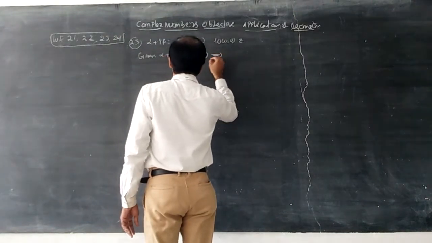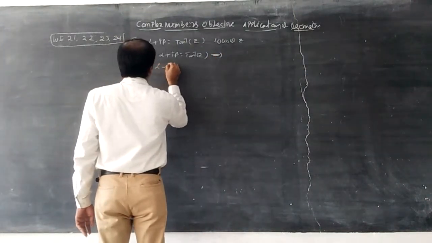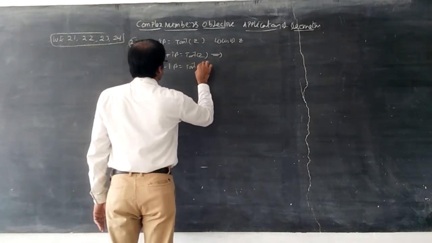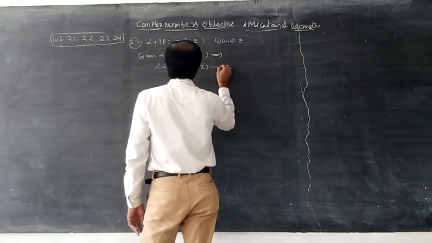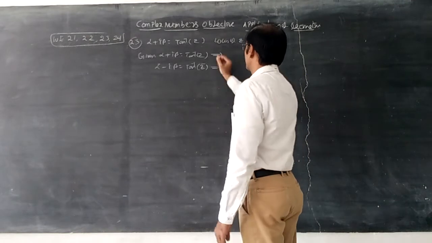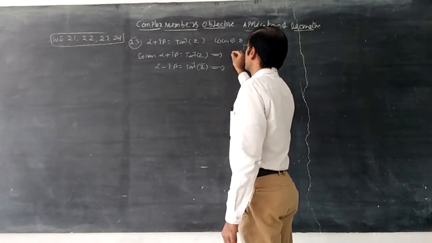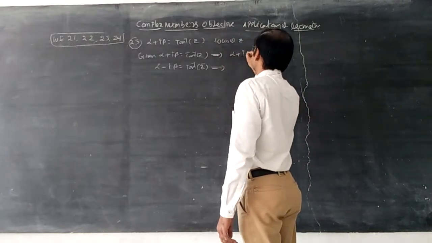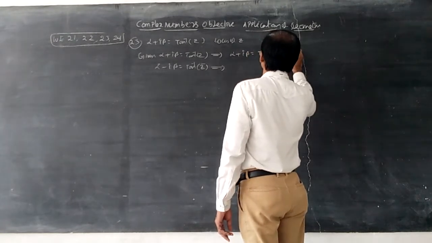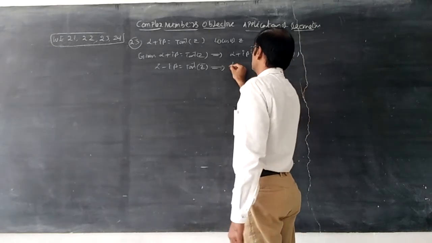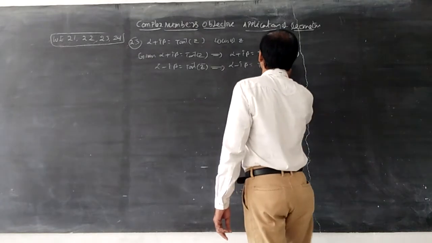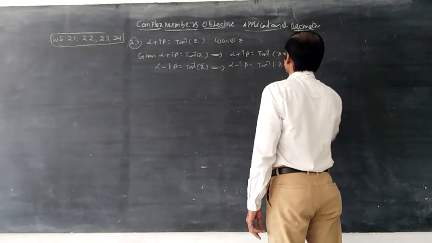That implies, now once again you write here, taking conjugate of the complex number on both sides. Whenever you take the conjugate, it becomes alpha minus i beta is equal to tan inverse of z bar. So alpha plus i beta is equal to tan inverse of x plus i, and alpha minus i beta is equal to tan inverse of x minus i.